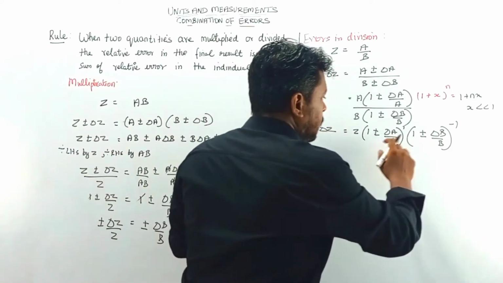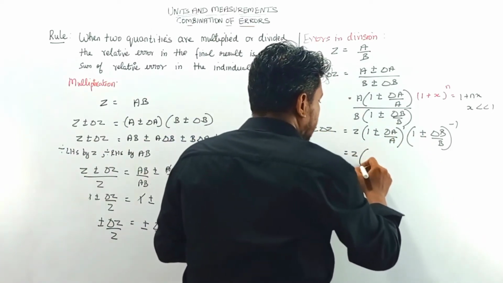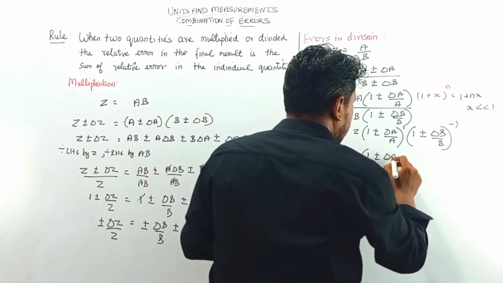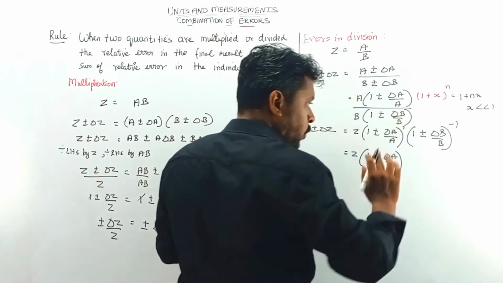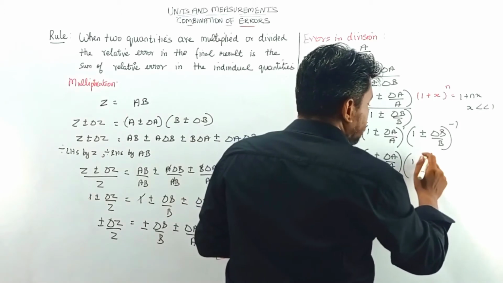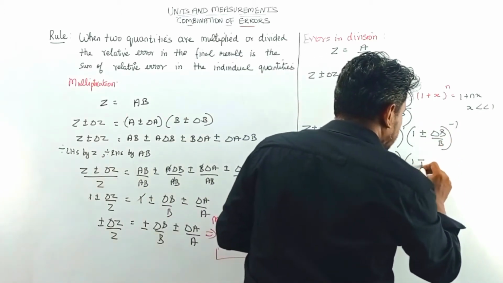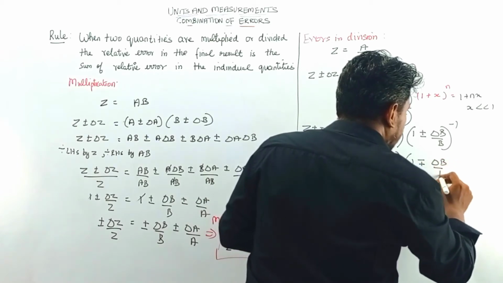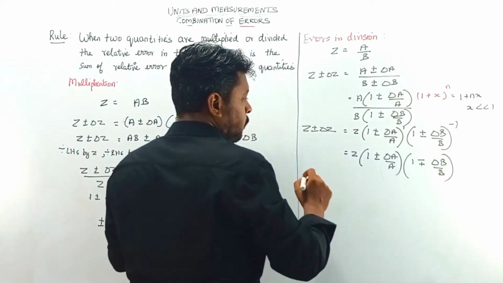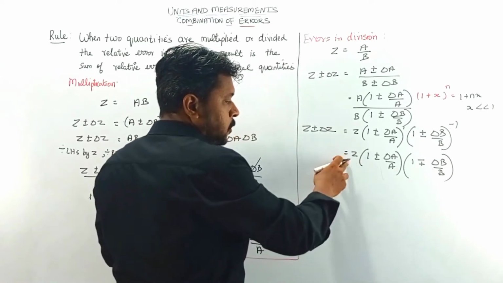So this can be written as Z times 1 plus or minus delta A by A, as the power is 1 only, but here the power is minus 1, so for the change let us write it as minus plus delta B by B. Now I am taking Z to this side.